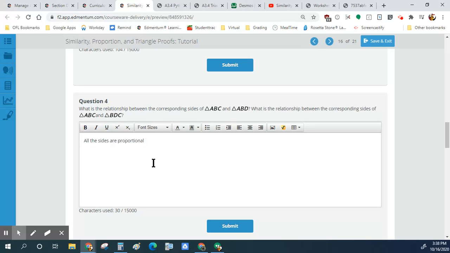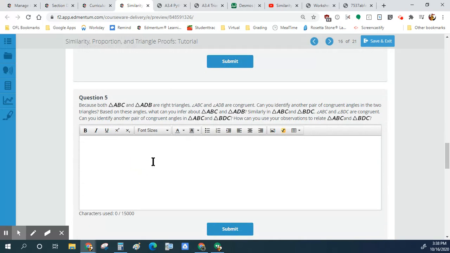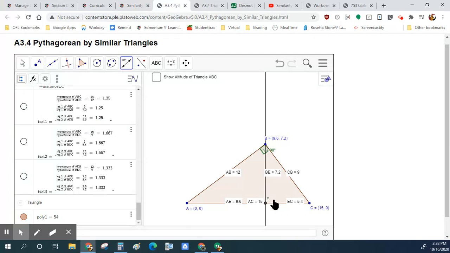So I don't think they want us to really say that they're similar yet. Yep, I had a feeling. Because both of these are right triangles, identify another pair of congruent angles here. So if this is a right triangle, what's another pair of triangles? So we're going to say angle ADB and angle CDB.